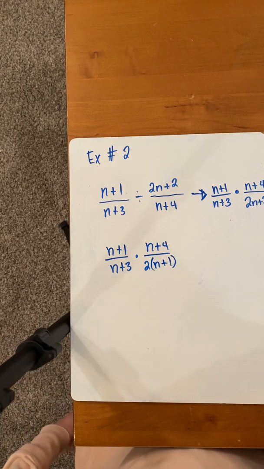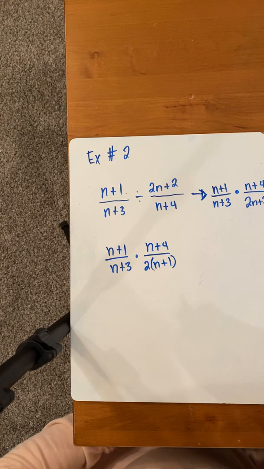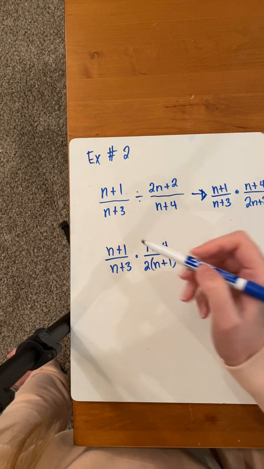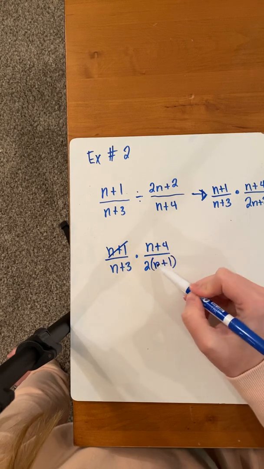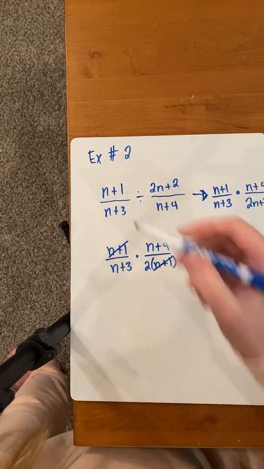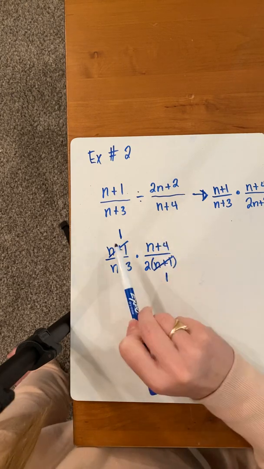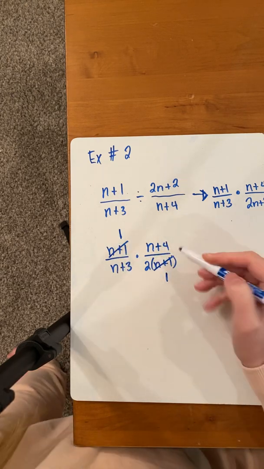And now I can start to look, do I have anything that cancels out? I have an n plus 1 that can cancel out, both on my top and my bottom. This is going to become a 1, and this is going to become a 1 when it comes to multiplying. So now I have 1 times n plus 4.